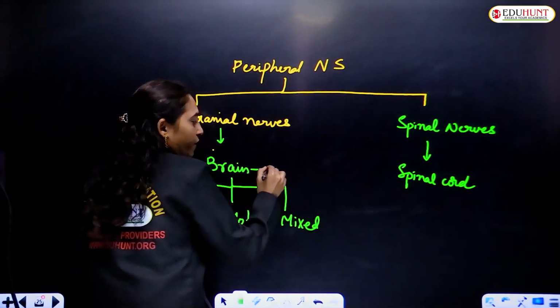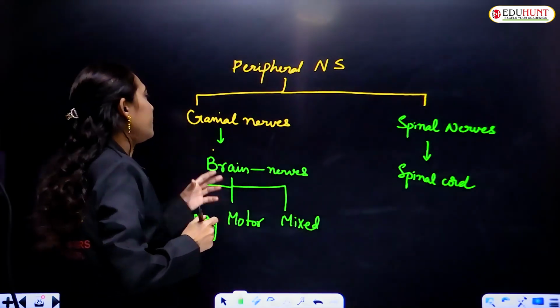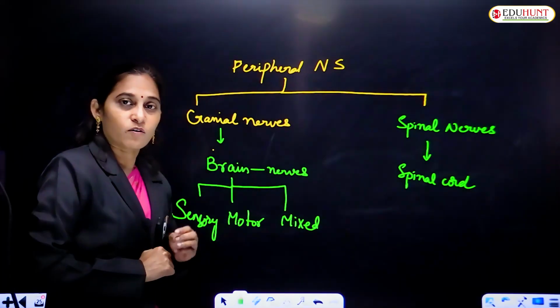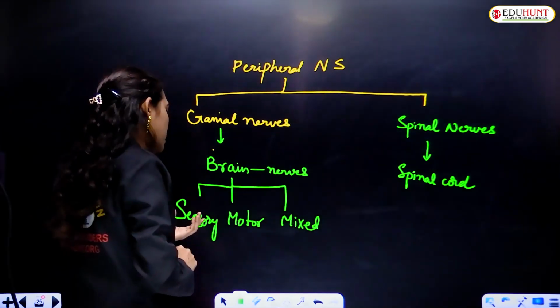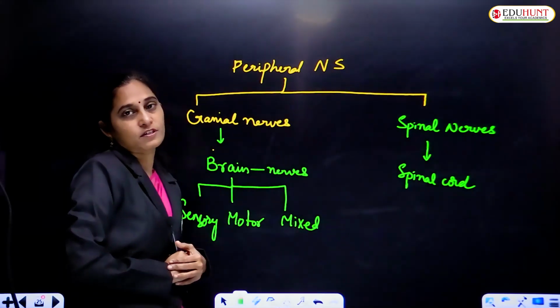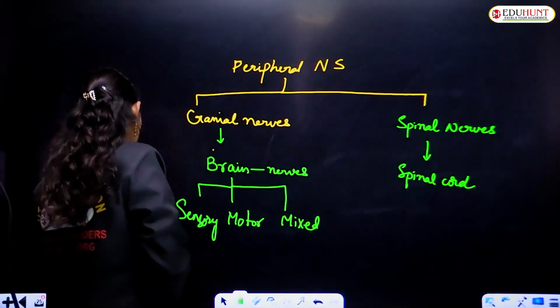Nerves that come from brain are called cranial nerves, and these cranial nerves are of three types: sensory nerves, motor nerves, and mixed nerves. Let us see what are sensory nerves.